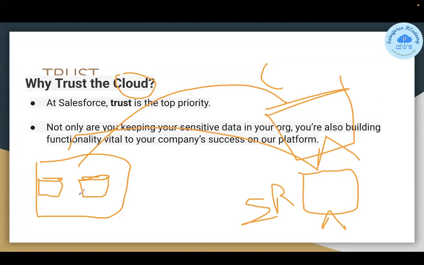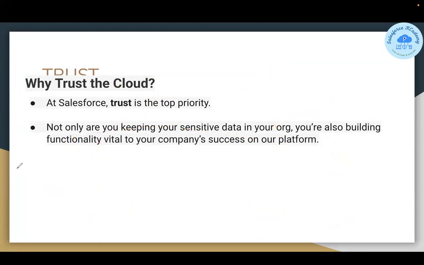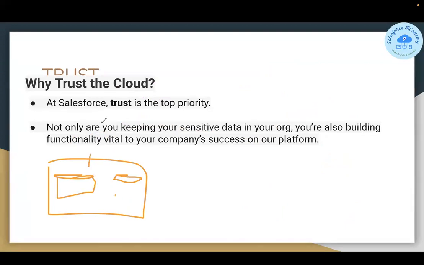Not only Salesforce, any cloud applications. Now when Salesforce is saving the data in the servers in the cloud, there is a chance that this data is accessed by another organization also.